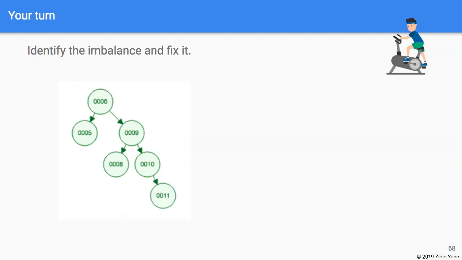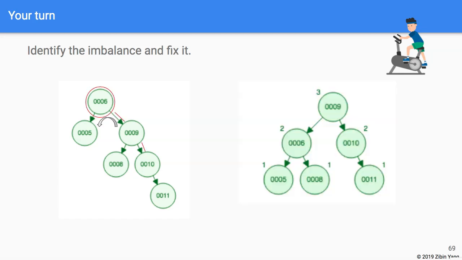Okay, second tree, and again, identify the imbalance and try to fix it. Here, again, work your way up from the bottom, and the imbalance actually occurs at the root.